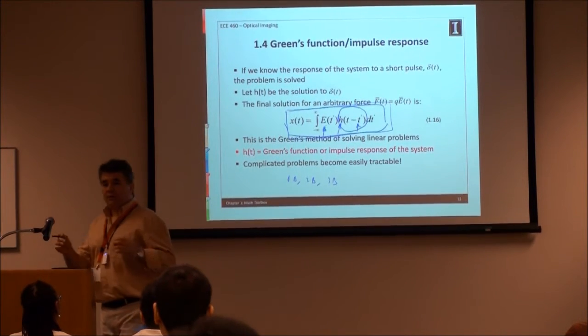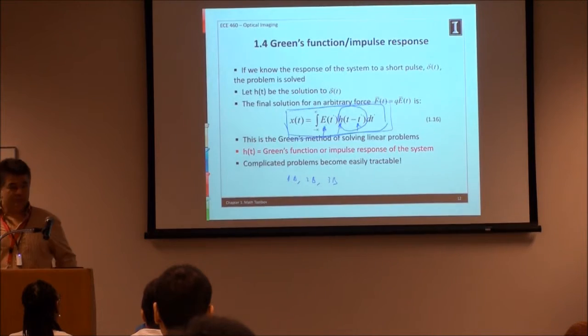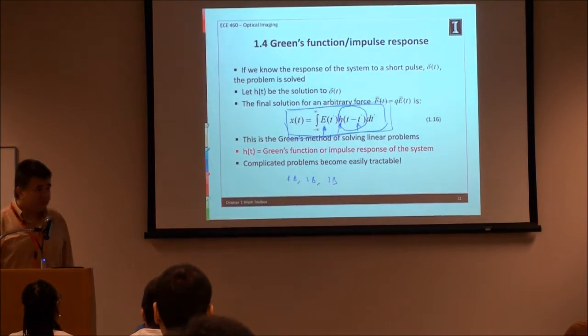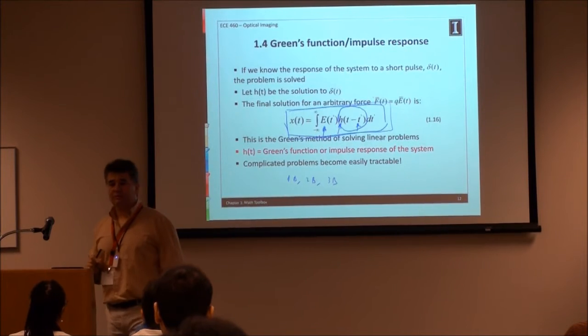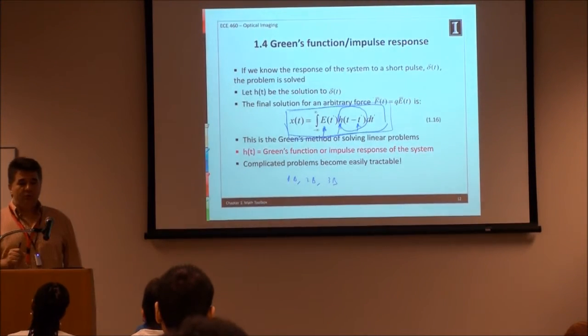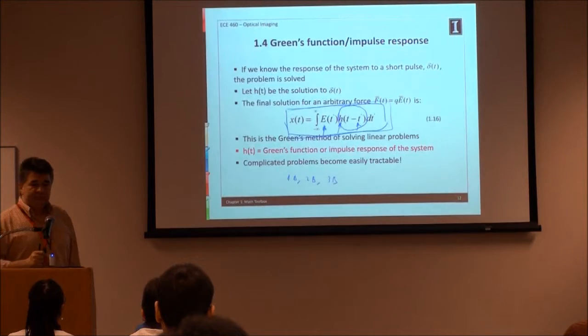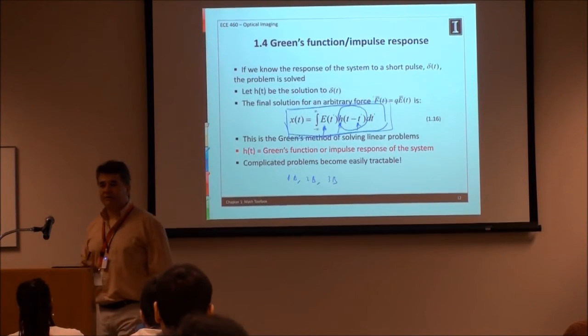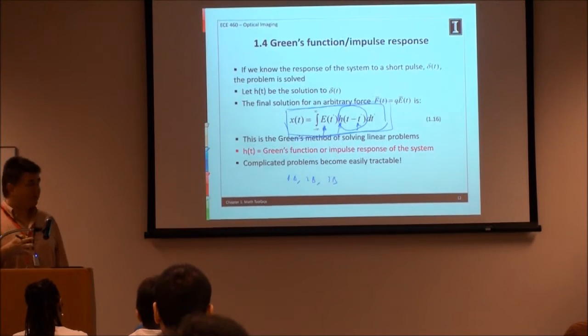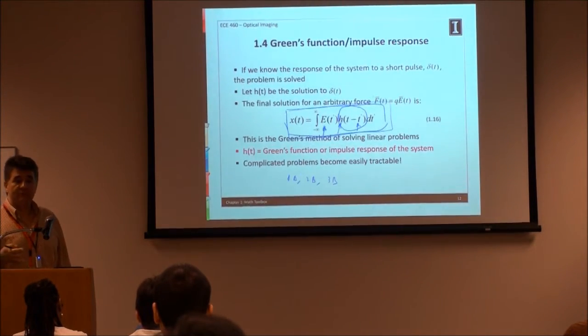So the problem linearizes, and you are able to express your result nicely, something like this convolution. We call that approximation the Born approximation. That's an approximation where you say that the scattering from the sample is actually very weak.